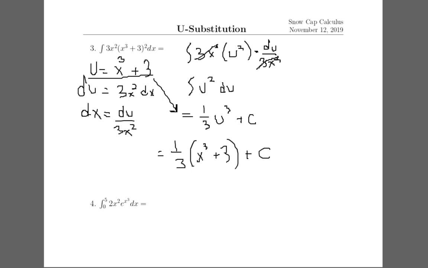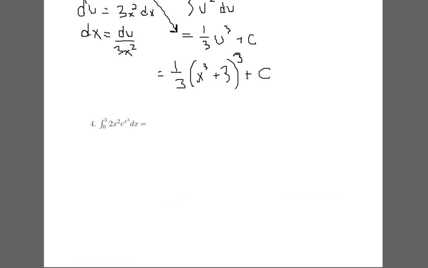Oh, I see, yeah. Okay, yeah. So the final answer does have that. Oops. Yeah, the final answer is that quantity squared. Or I'm sorry, it's cubed? Yeah, because we did an antiderivative, so it's cubed. So it'd be 1/3 quantity x to the third plus 3 to the third plus c. I see. Thank you.